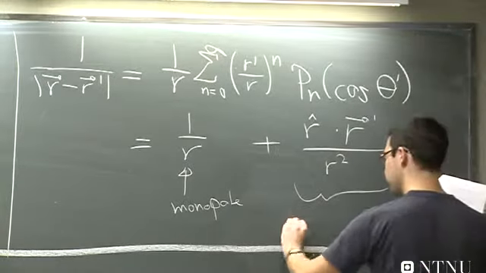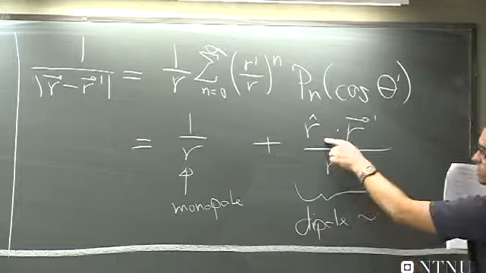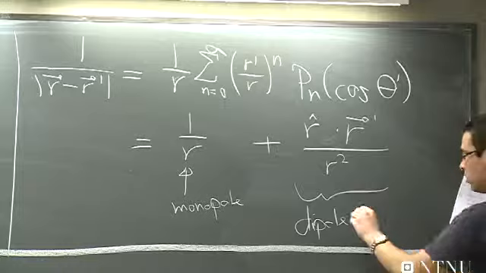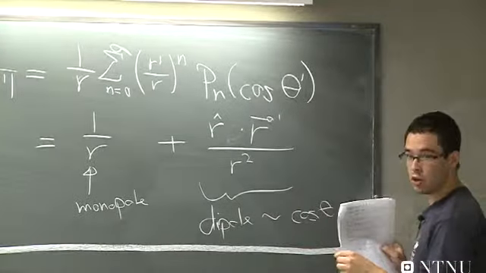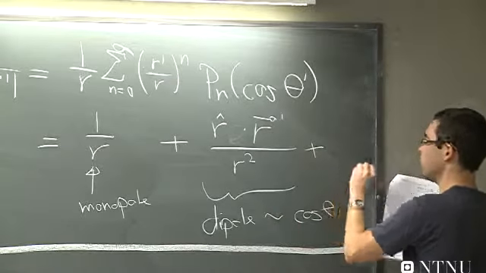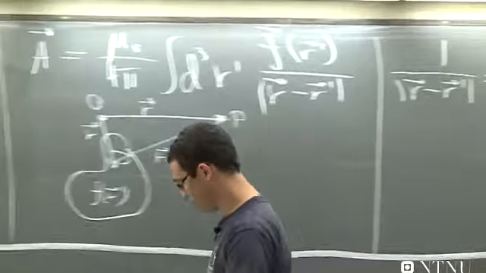This is the dipole term. And this dot product gives us a cosine theta essentially. So that's where the Legendre polynomials kick in. And then some more terms, of course. Well, infinitely many in principle.